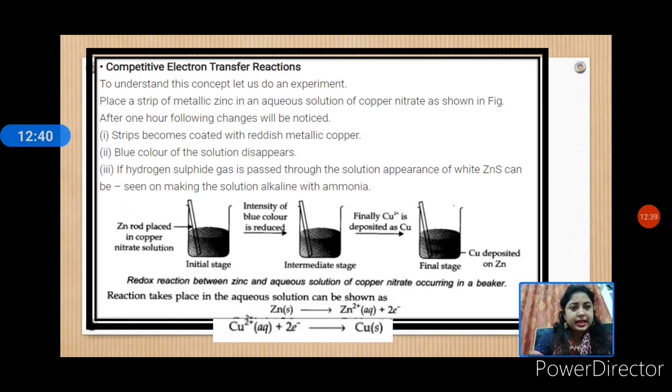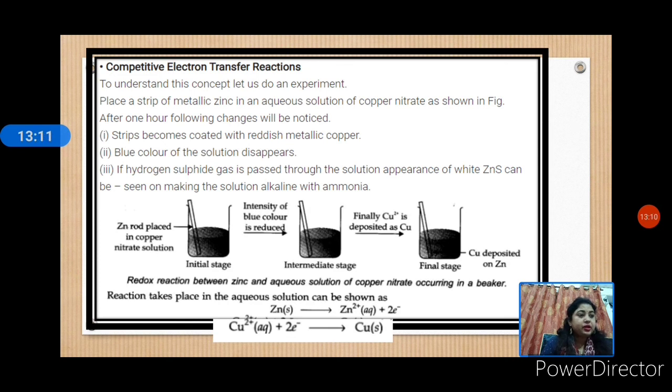Competitive electron transfer reactions. In order to understand this concept, let us take an example. Place a strip of metallic zinc in an aqueous solution of copper nitrate. What we will observe after some time lapse: the weight of the zinc plate starts decreasing.